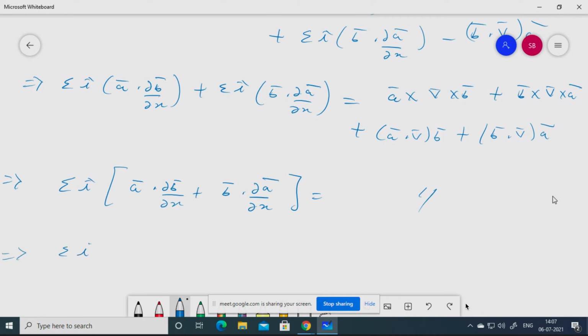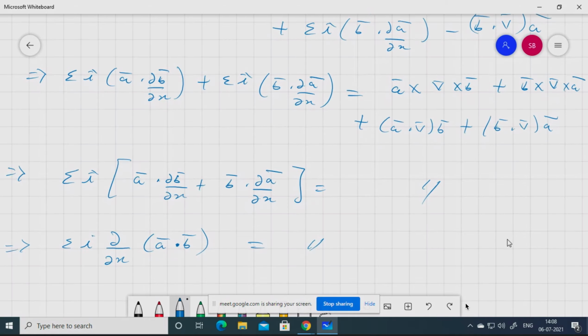Now look at this one. This is nothing but ∂ by ∂x of A bar dot B bar, or not? We have written this kind of thing also in the starting. Can I write this whole thing in this form? Summation i ∂ by ∂x of A bar dot B bar, and on the other side remaining as it is.